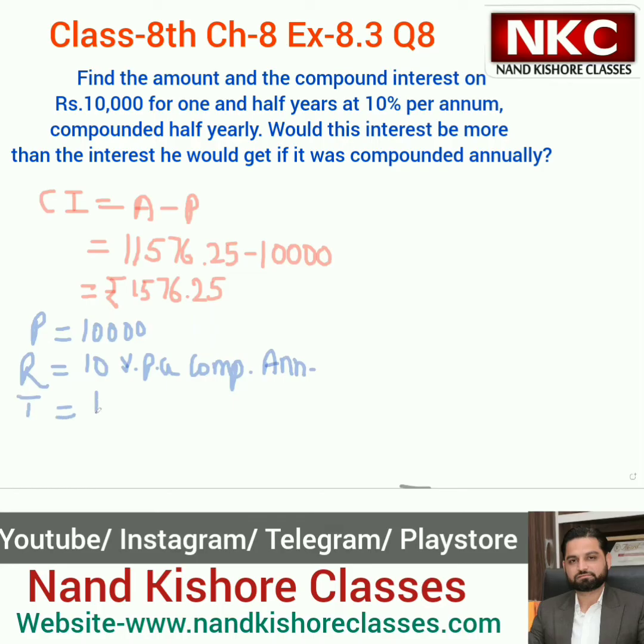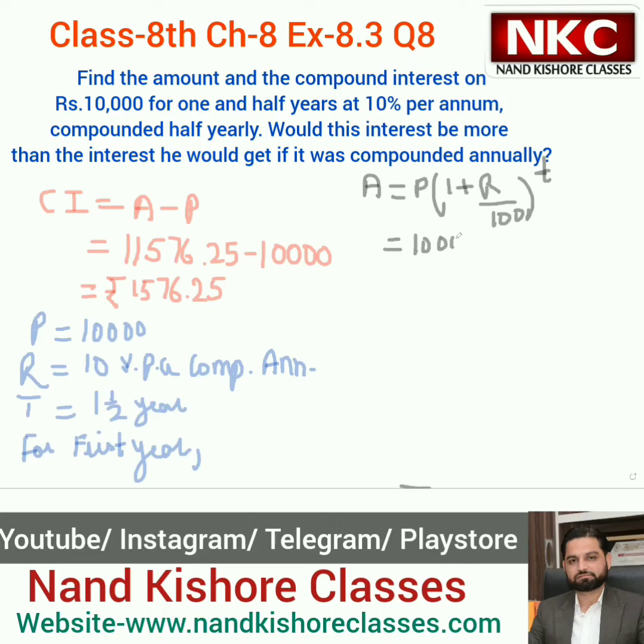Time is 1.5 years. So first of all, I'll calculate for the first year only. If you use the formula, amount is equal to P into (1 plus R by 100) power T. Principal amount is 10,000, rate is given as 10%. Now I'm using time 1 because I'm just talking about the first year. Later on I'll see the next 6 months.